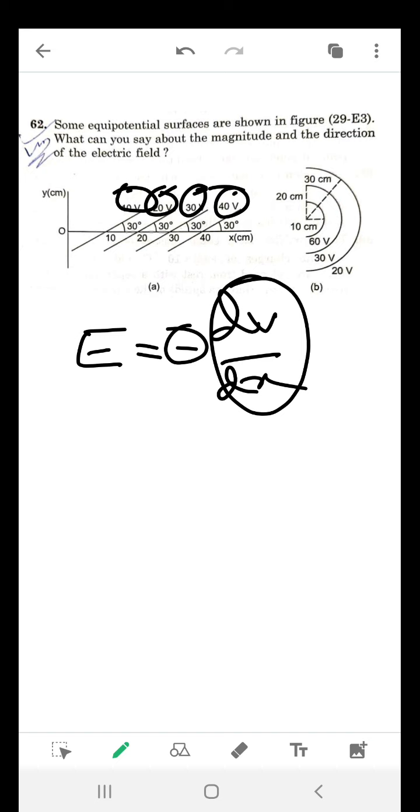Understood? That means the electric field is in the opposite direction of the increasing potential.